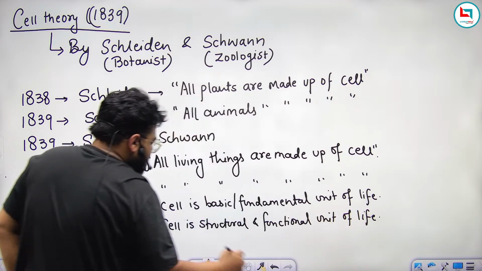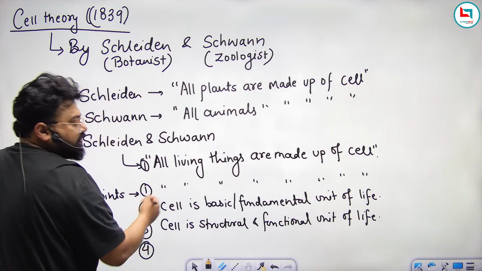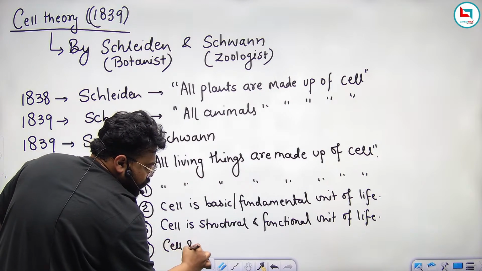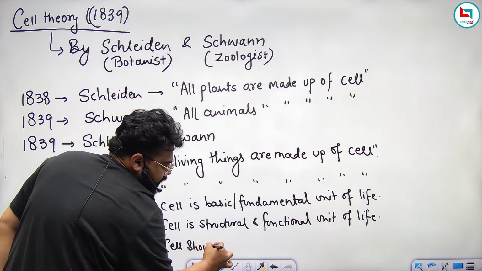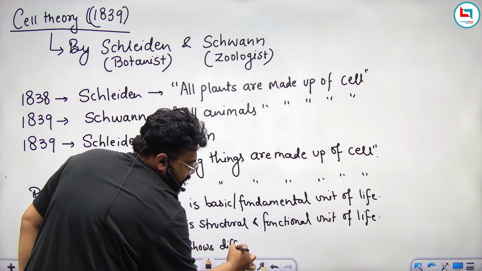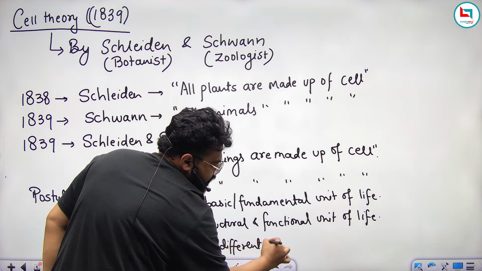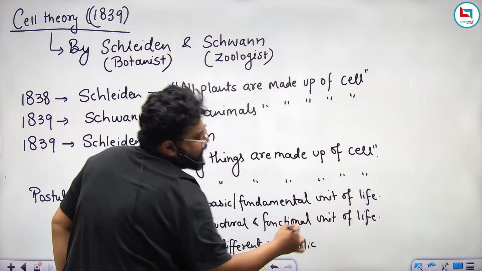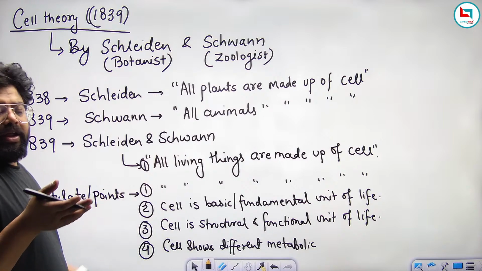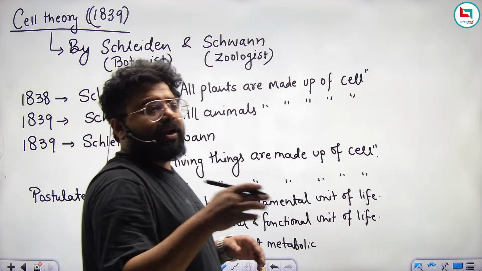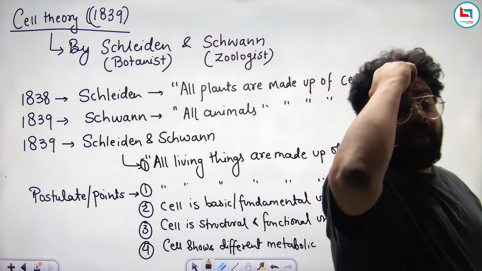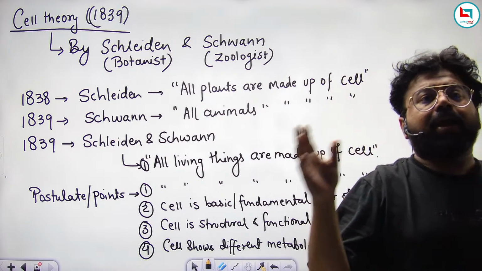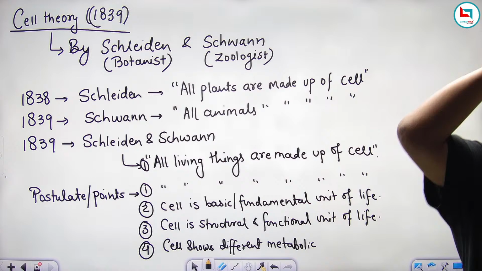Number four, we have already discussed these three different points. Number four, cells show different metabolic reactions. Inside the cell there are different types of reactions occurring, like synthesis of protein, synthesis of various cell organelles, transportation of protein, signaling, apoptosis, translation, replication.